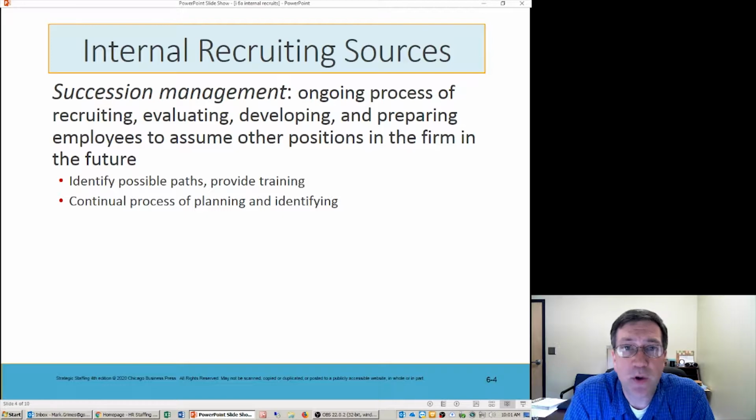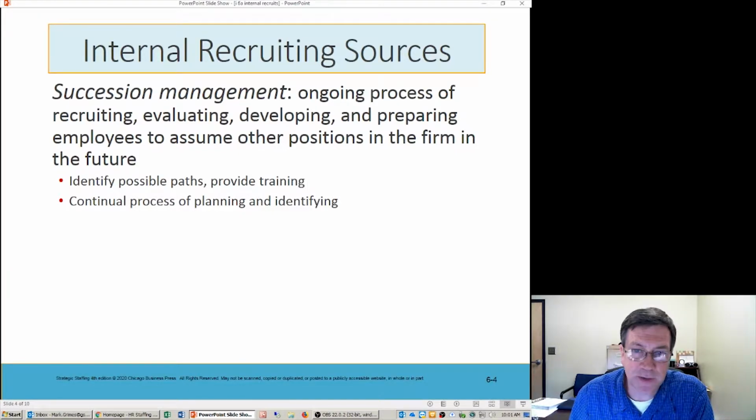And you see that it's really important that it's a continual process, because what we see you potentially doing today may not be the same thing that we see you potentially doing tomorrow or next year, because some of the paths that are potential for you today may no longer exist tomorrow, or there may be new paths. So it's a continual process of looking at individual employees and planning what they could do and identifying the needs that they have.